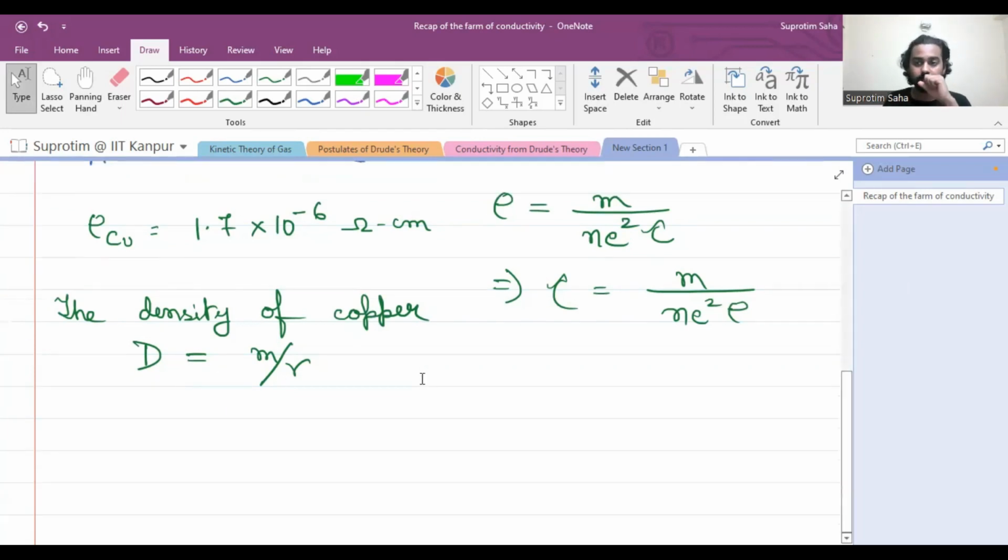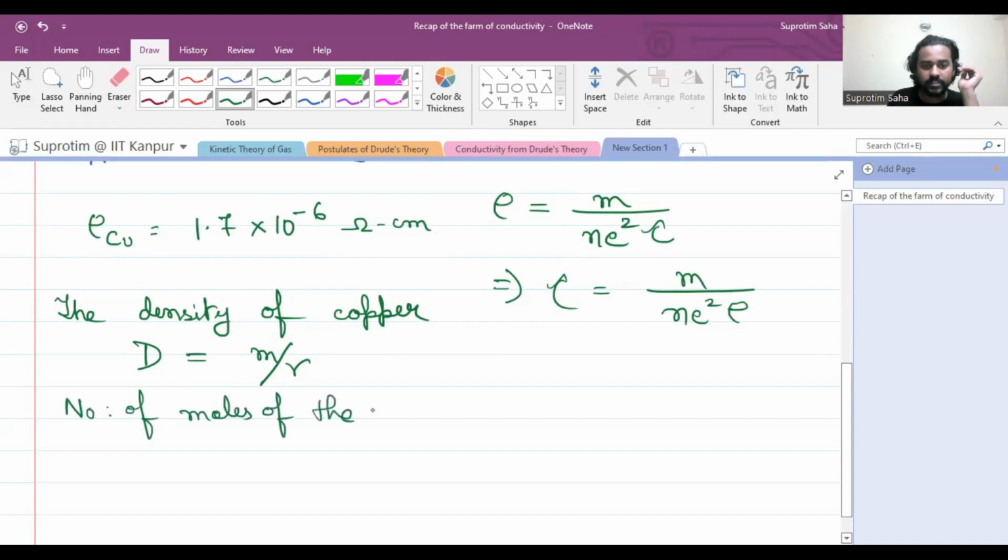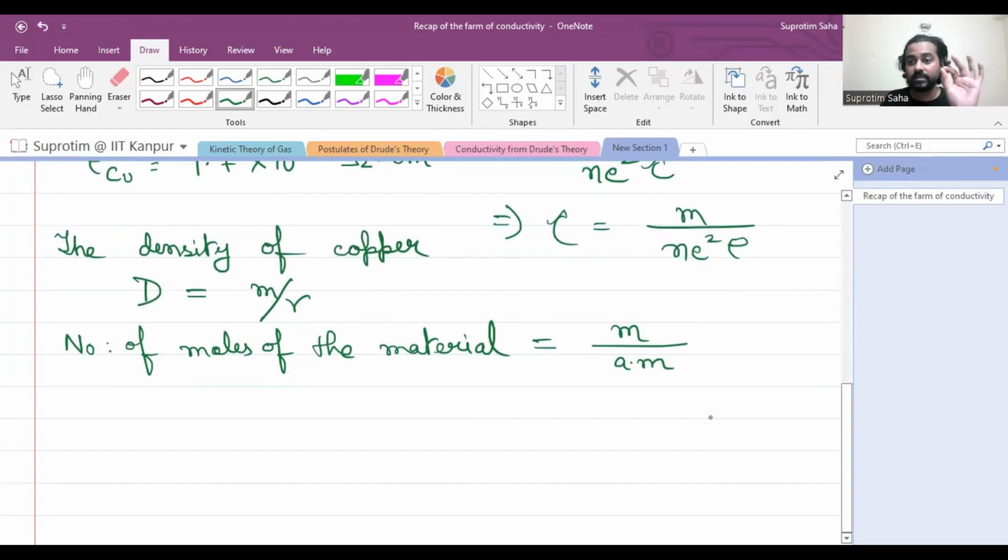Now the number of moles of the material is given by the mass divided by the atomic mass. So this gives the number of moles of the material it contains.